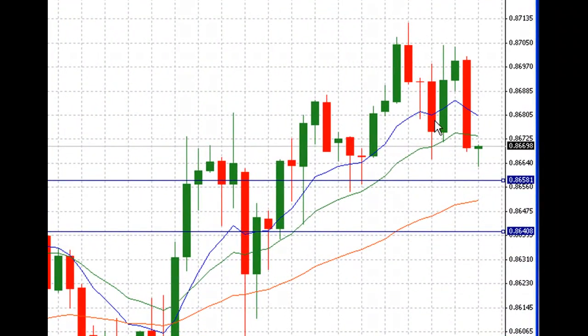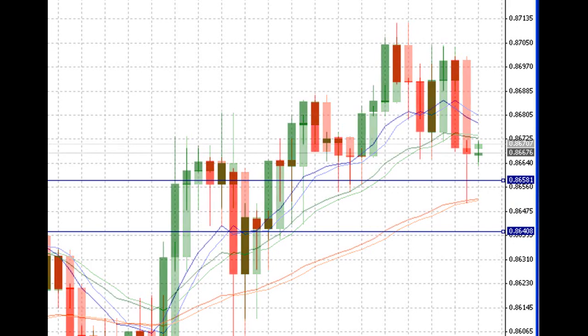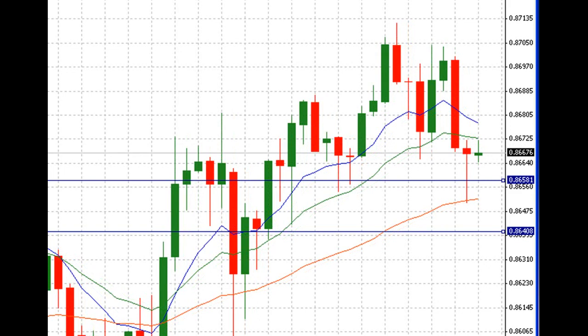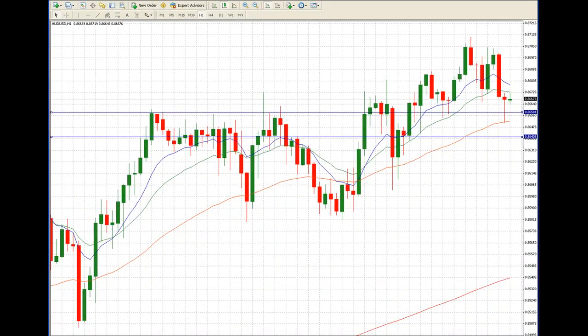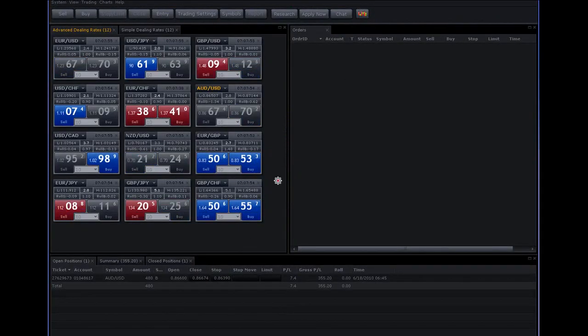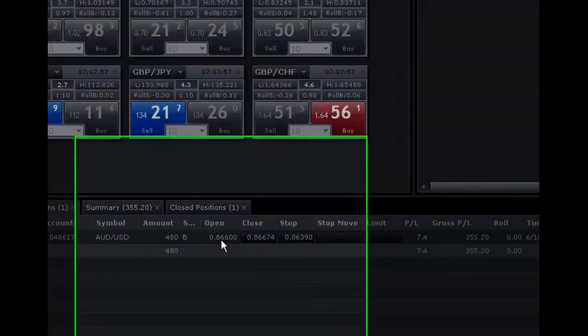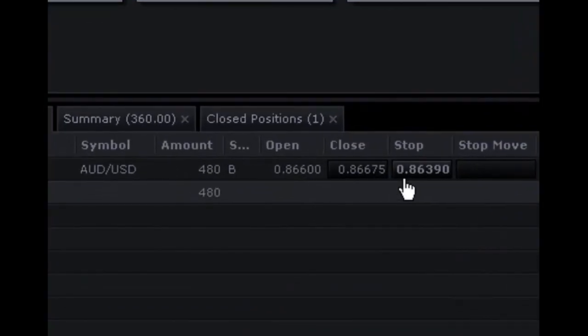So let's wait to see if we get triggered into this trade. The market did come down through our entry price, and then it went back up, and now it's hovering around this area here. So our order did go through at 0.8660, and our stop is at 0.8639.